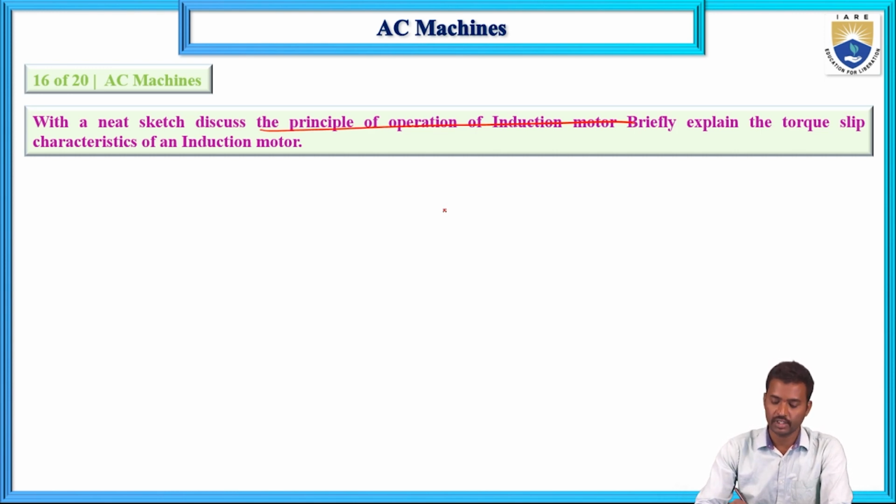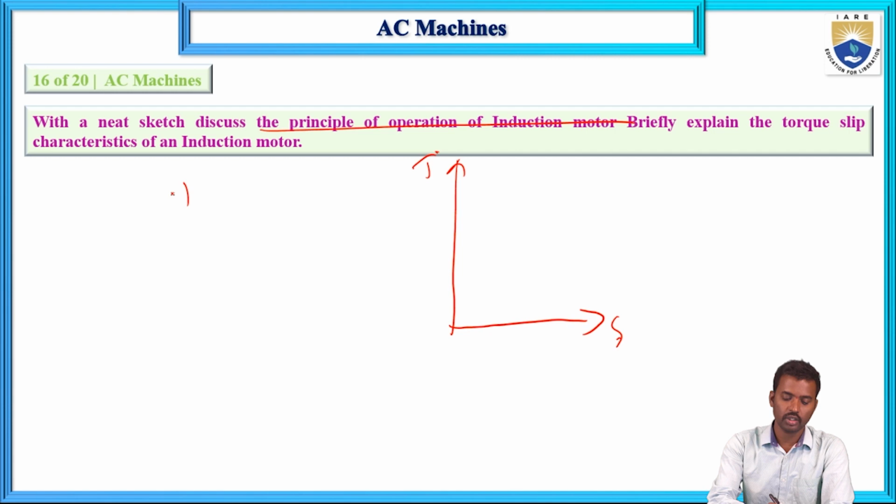Torque slip characteristics: this is torque and slip. Torque is directly proportional to S E2 squared over R2 squared plus S squared X squared. There are two regions, the low slip region and the high slip region.